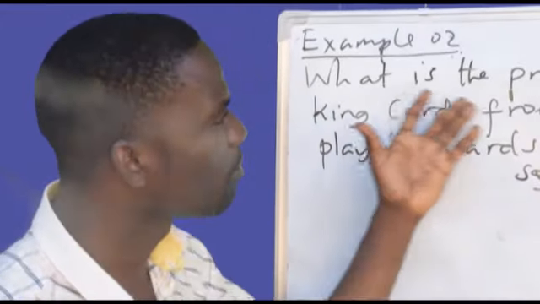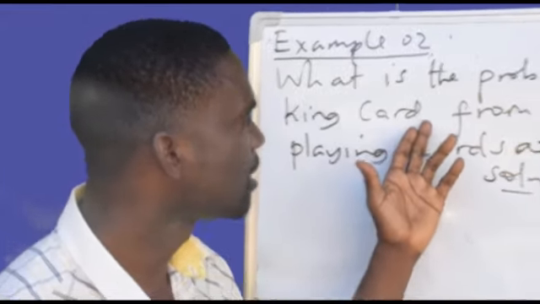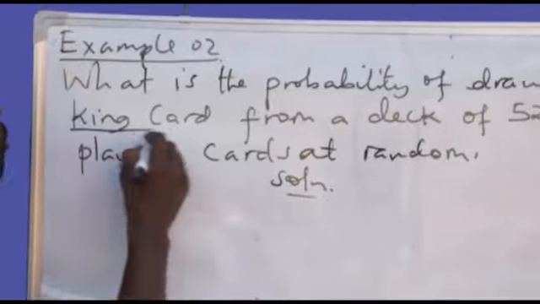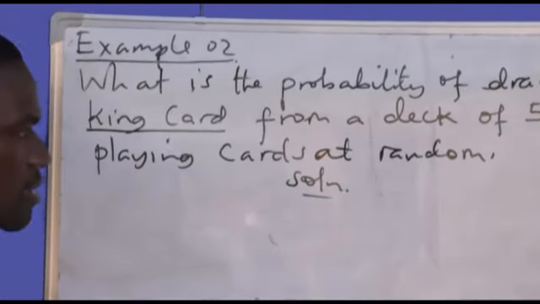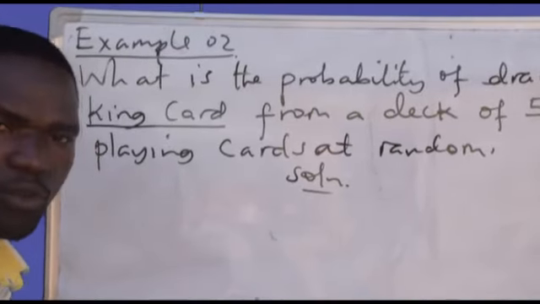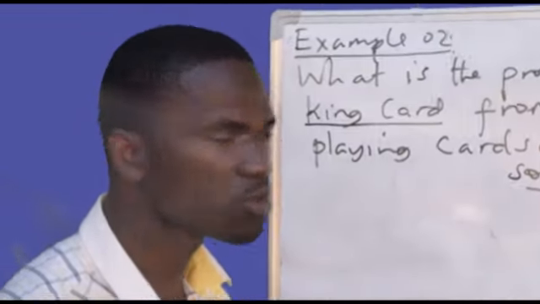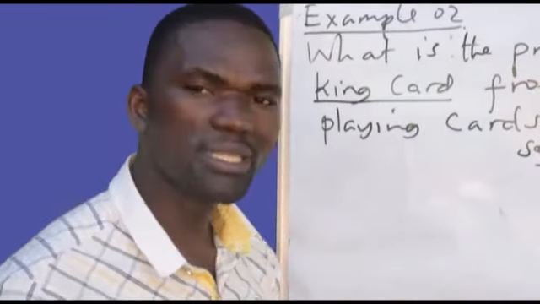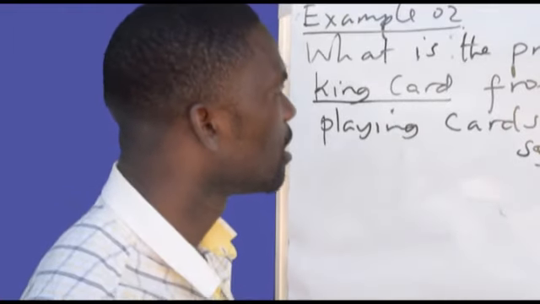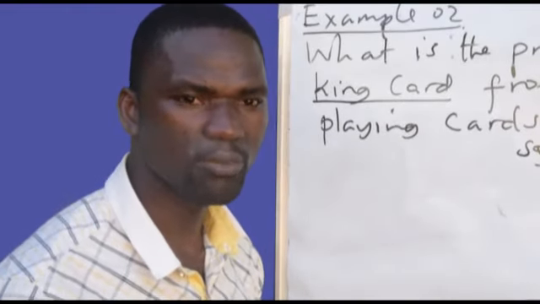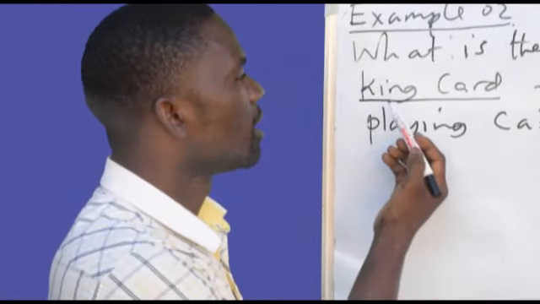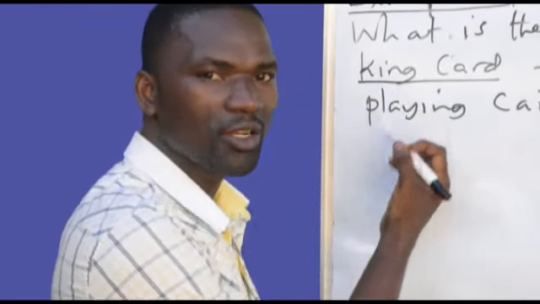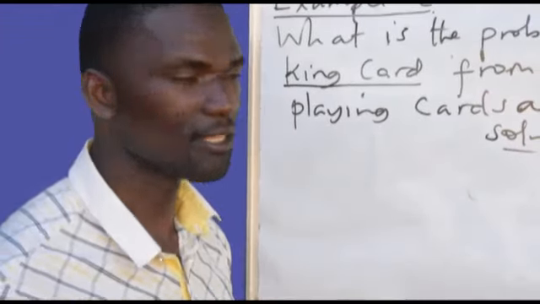Now, what is the probability of drawing a king card from a deck of 52 playing cards at random? What the question is trying to say is: what will be the chance that if a card is picked at random, then after observation, that card will be a king card, the card lettered K?